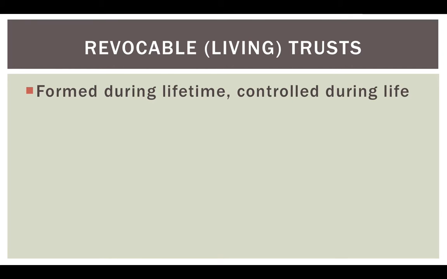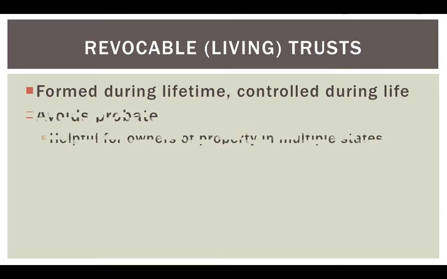That's a little bit different. It's formed during your lifetime and controlled by you during your lifetime. But after you pass away, then it's controlled by whoever you want to control the assets in the trust. The advantage there is that it avoids probate. Usually with probate in Utah, you're looking at a fee of $360 just to file for probate, and then another publication fee, sometimes several hundred dollars, and a delay period.